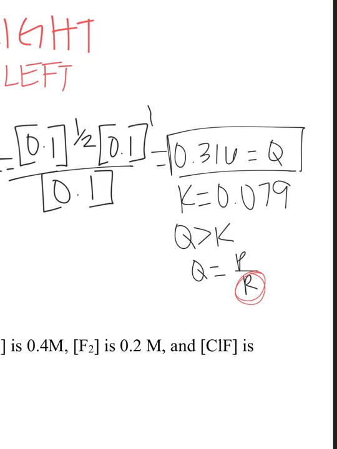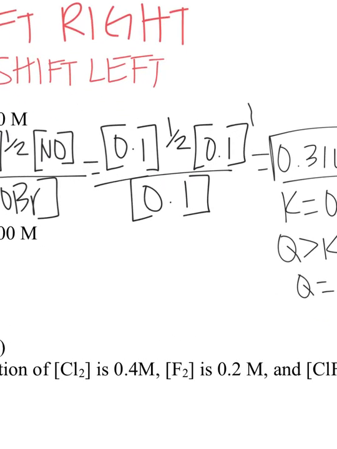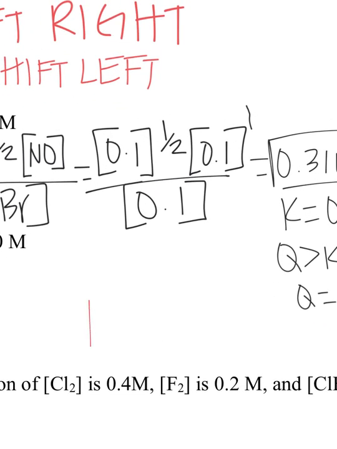So you can figure it out that way, or you can go back to basic math. Okay, so I know that Q is currently bigger than K. So in order for Q to be like K, I'm going to shift to the left, which is towards my reactants.